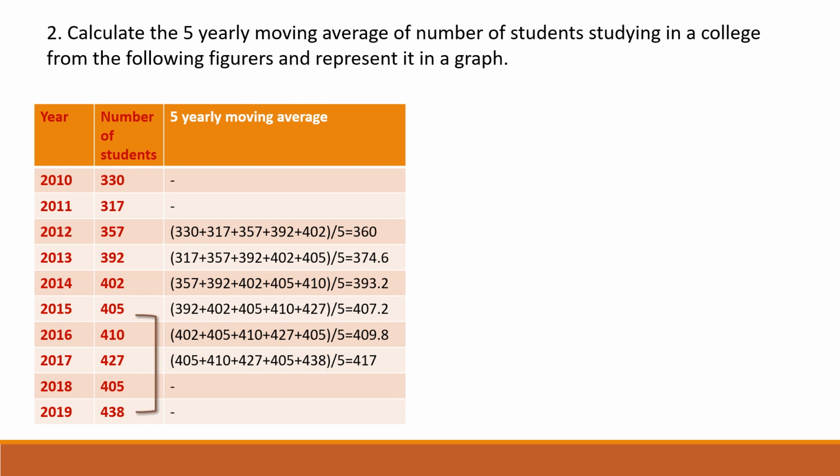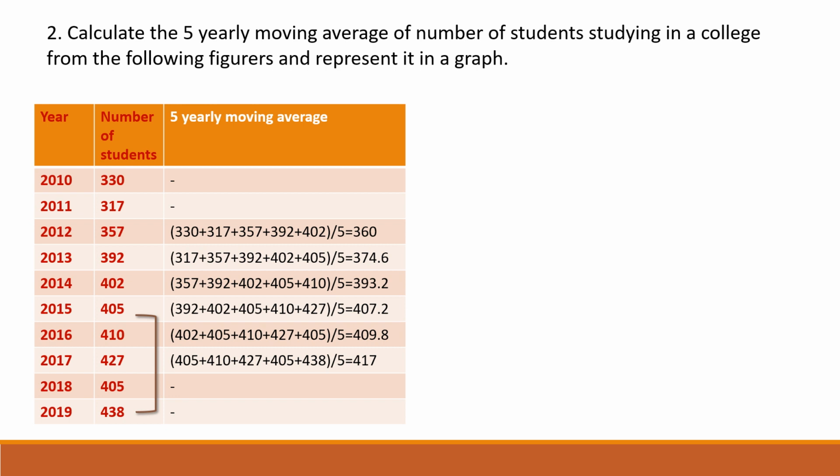The last value of the series is 438 for 2019. The last average is from 2015 to 2019 and the middle year is 2017. So the average value is 417. In the 5-yearly moving average, we will not have the 5-yearly moving average for the first 2 years and the last 2 years.